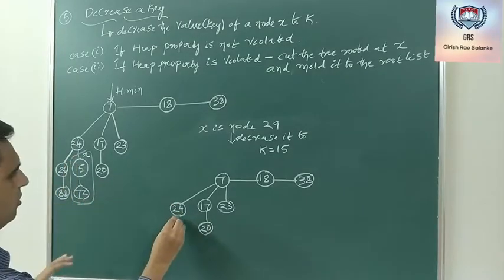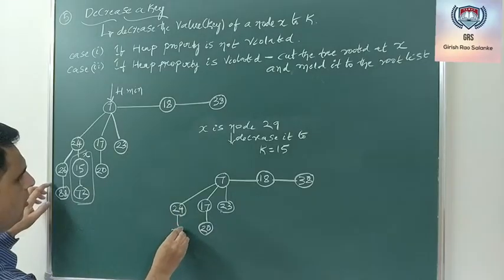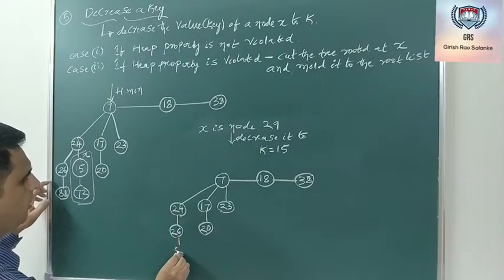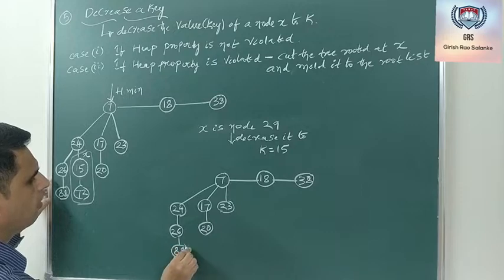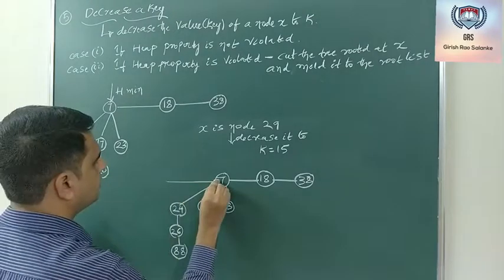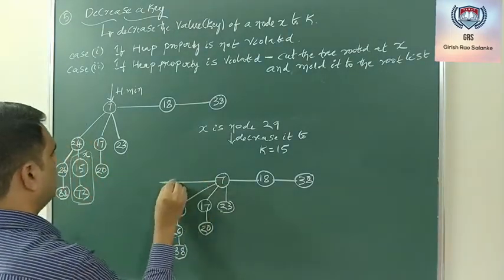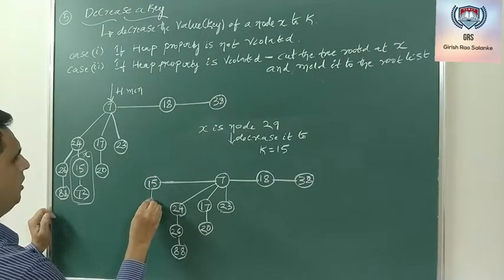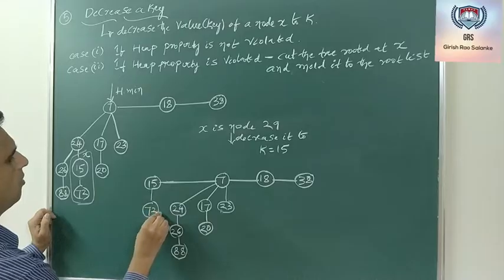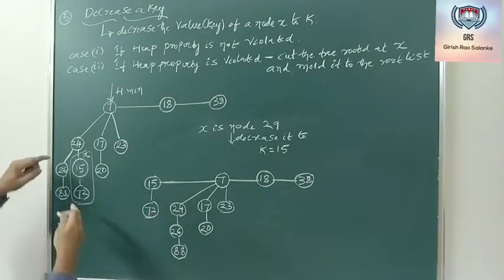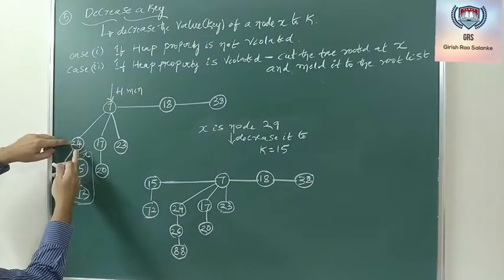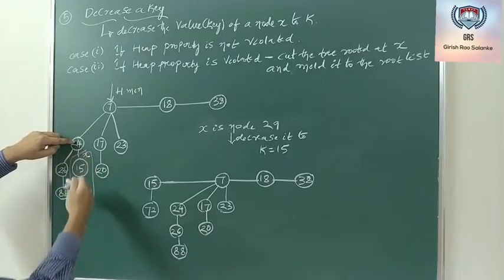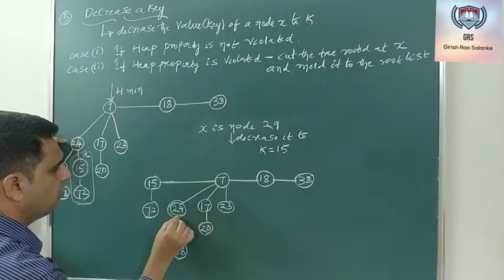This part is gone, so 24 has 26 and 88. What I need to do, I need to add this. I need to meld this to the root list, 15 and 72. Now 24 lost a parent, 24 lost one of its children, so this 24 becomes a marked node.